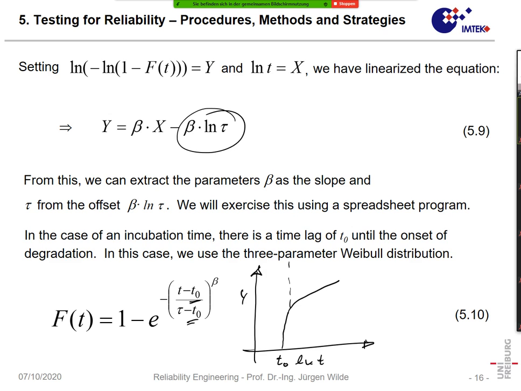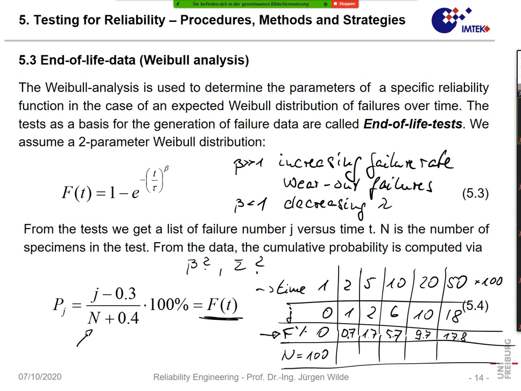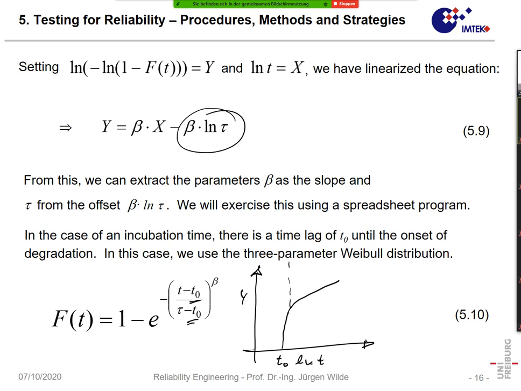Generally, Weibull analysis for field data has several things which you do not really know. One is this t0, so you do not know the difference between production and start of use of that car. On the other hand, you do not really know what the number n produced is, because not necessarily all that were produced will really come into operation.